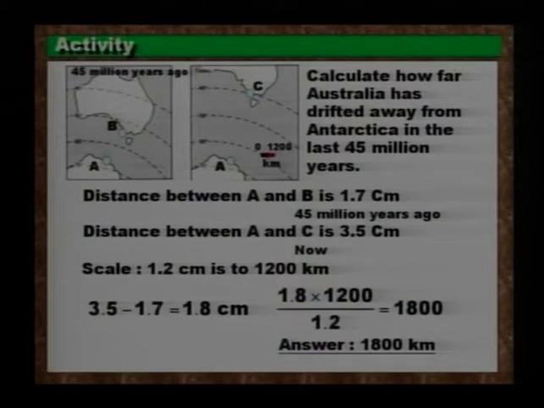Then we have the distance between A to C, which is needed also for our calculation so that we can look at approximately how far the drift has actually taken place. Our answer here is supposed to show us how far apart, 45 million years from today, Australia has drifted or moved.